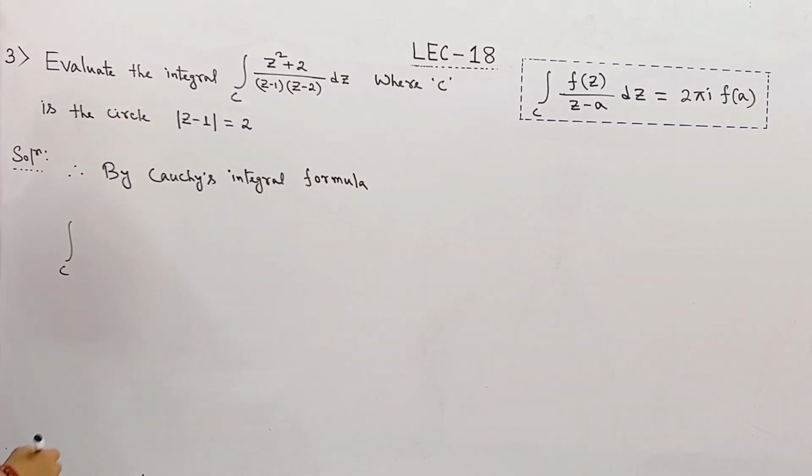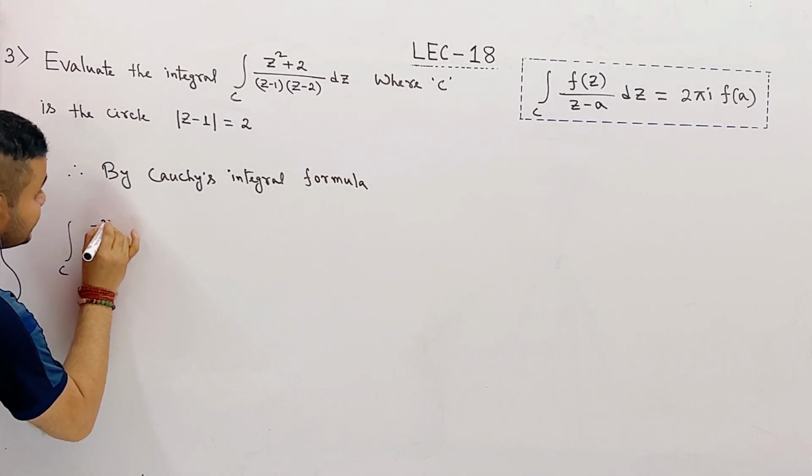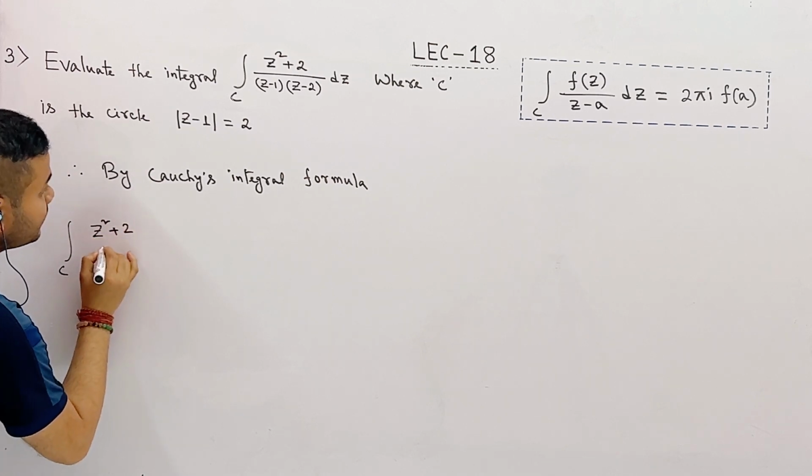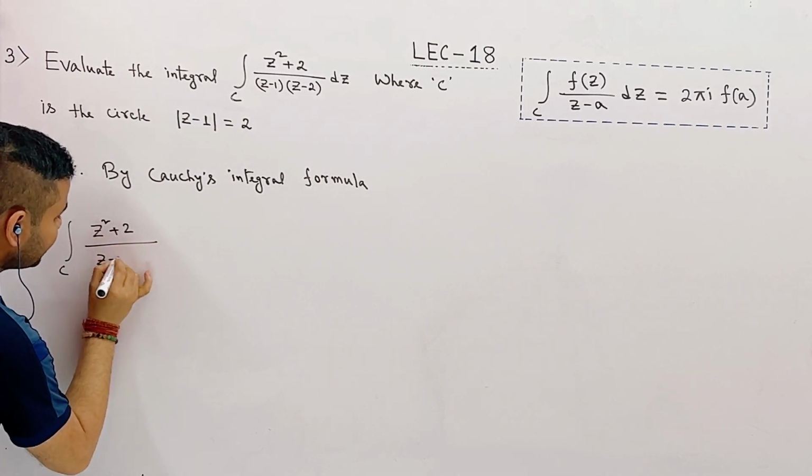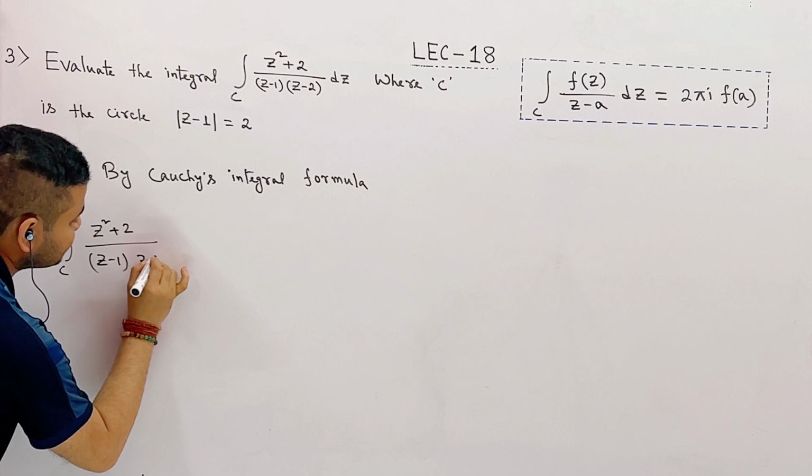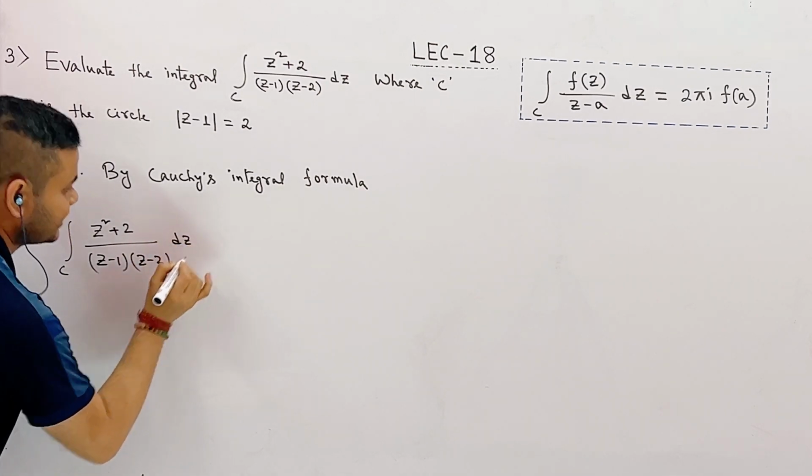integration along curve C, z square plus 2 divided by z minus 1 into z minus 2 into dz.